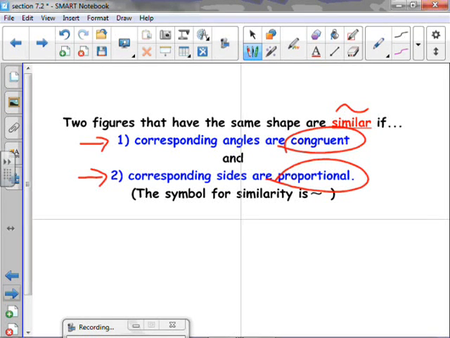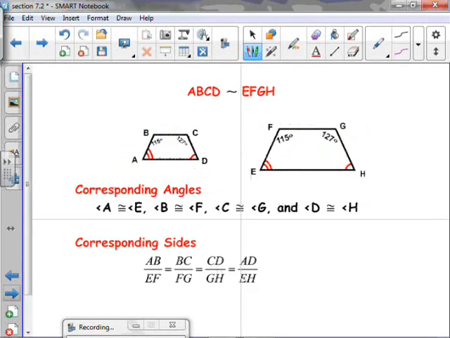Okay? So, as long as our angles of our figures are exactly the same and the sides are proportional, then we have similar figures. Let's see what this means in practice here. Okay? So we've got these two trapezoids, and it is saying that ABCD is similar to EFGH. Notice all of my pairs of angles are exactly the same.